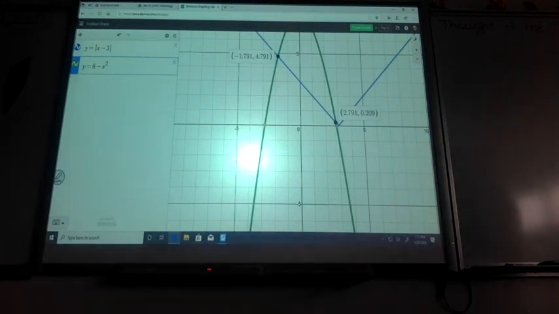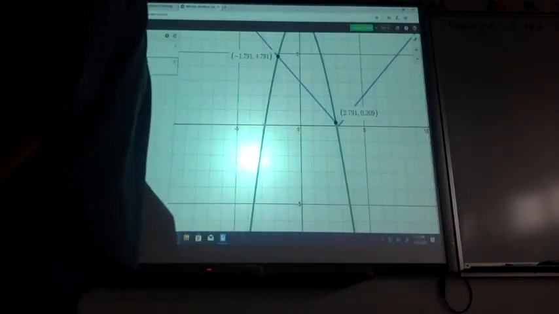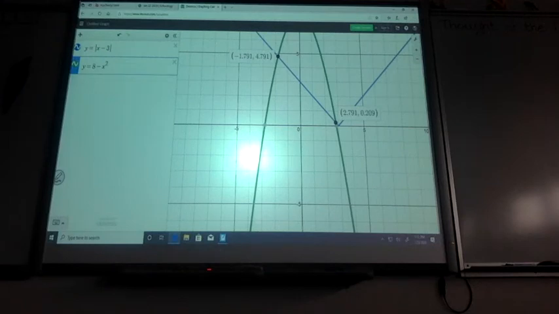Other questions from the homework? Going once. Going twice. Names on it. Hey, did the no-namer find a place? Or is someone claiming it for their own? All right.